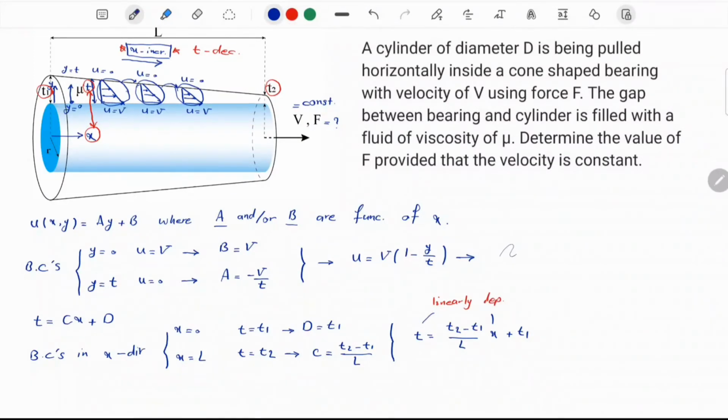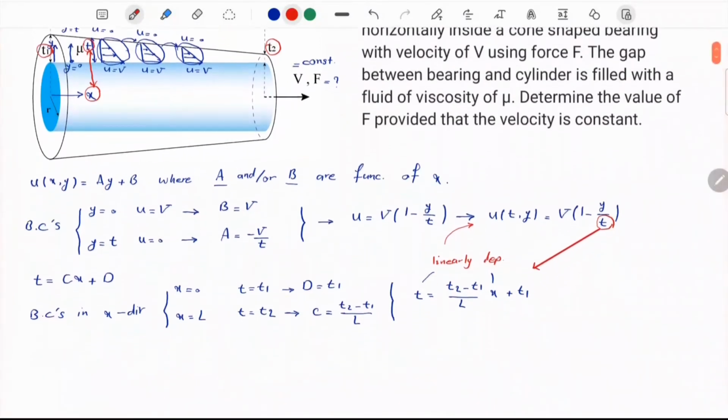So we can write like this. From here also, we can write u as a function of t and y equals capital V minus 1 minus y over t. This t can be substituted from this equation.